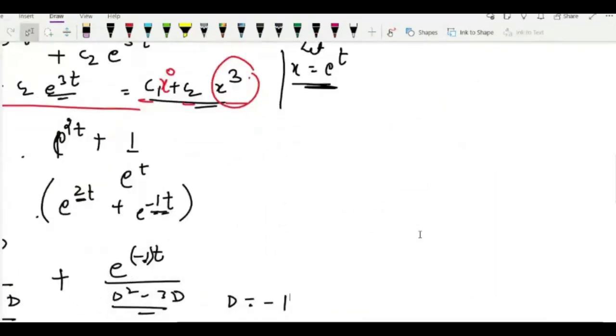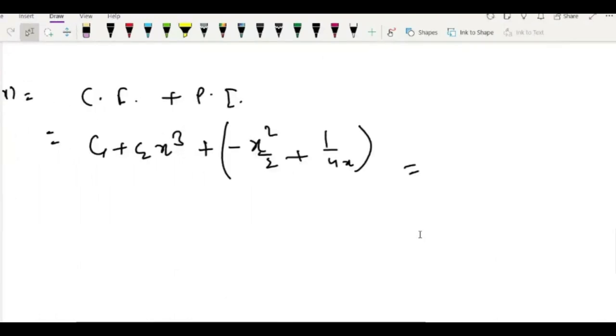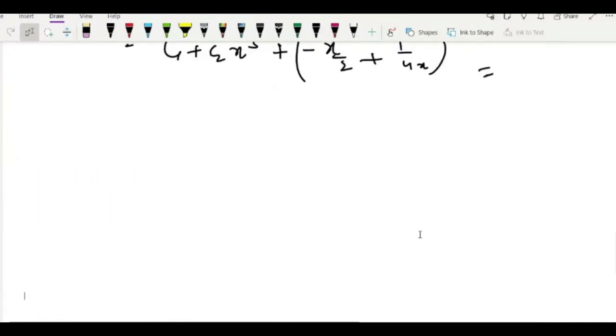we have another equation. Let's try another example which is similar to this example.